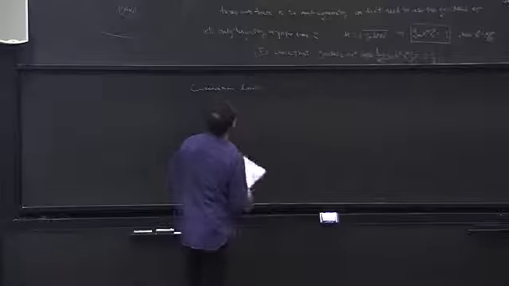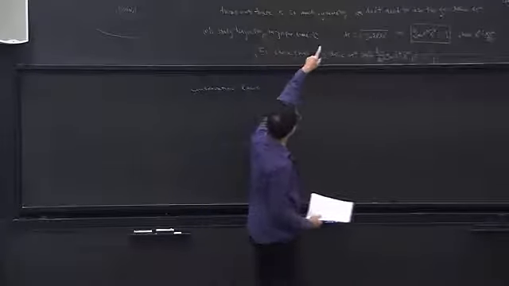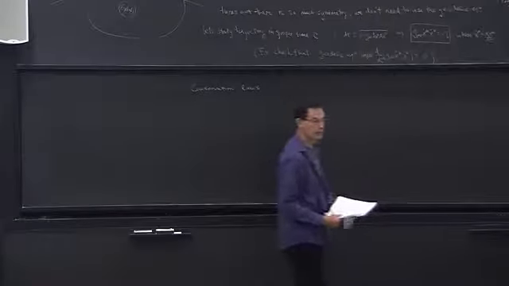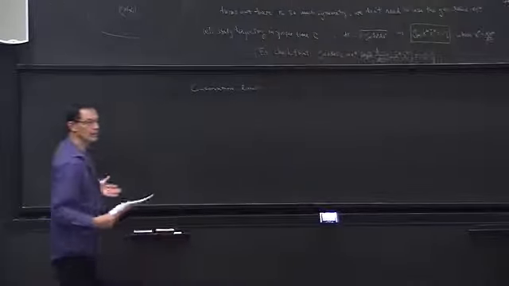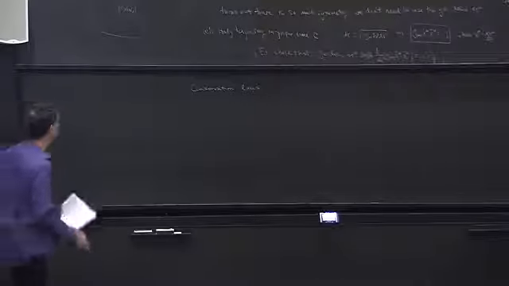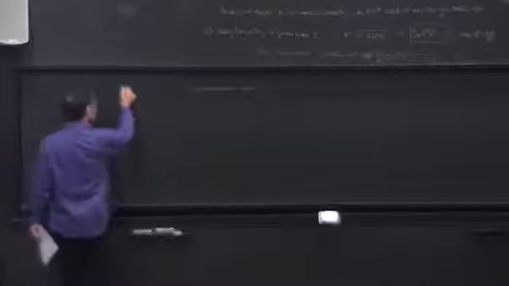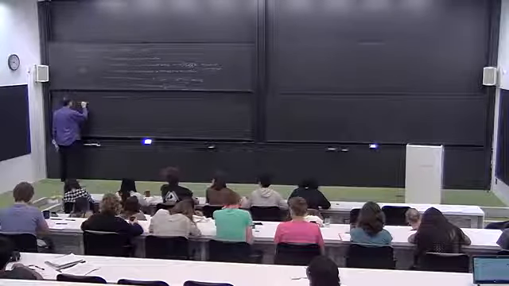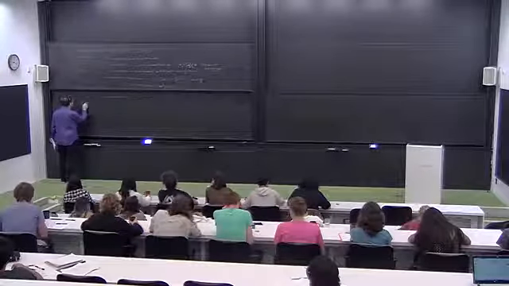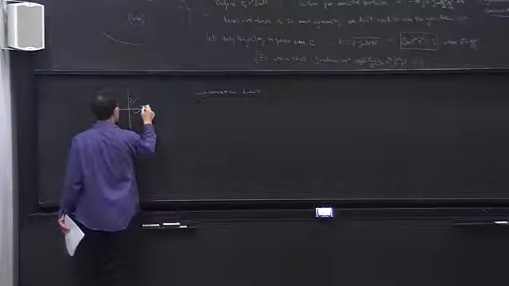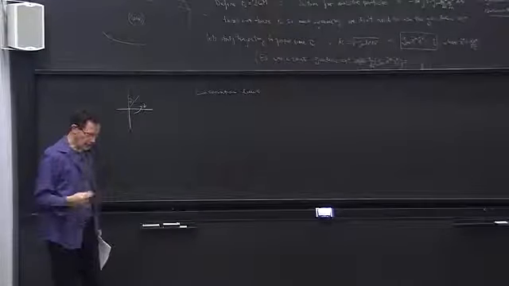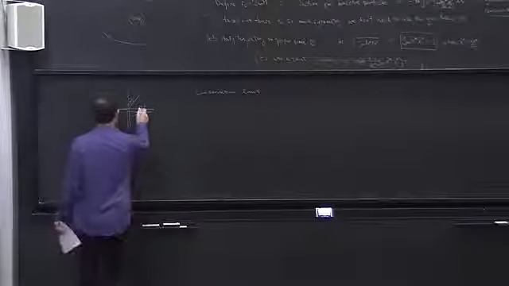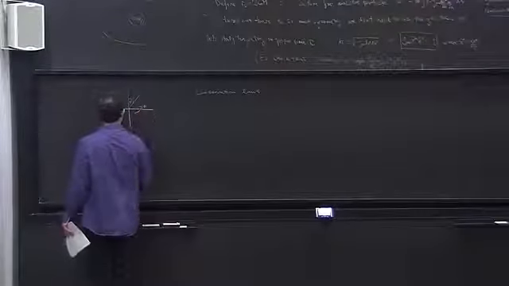So if you think about that metric, and you plug that metric into the action, what are the symmetries? Now, little simplification you can use is that, of course, we've got spherical polars. Theta is the polar angle, and phi is the azimuthal angle on a sphere.